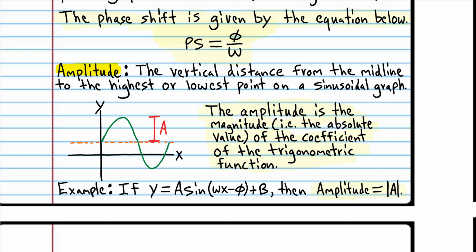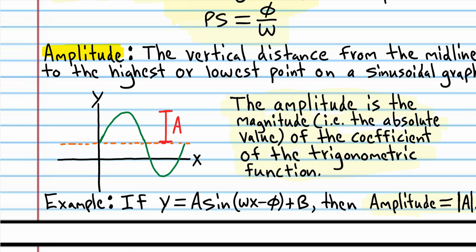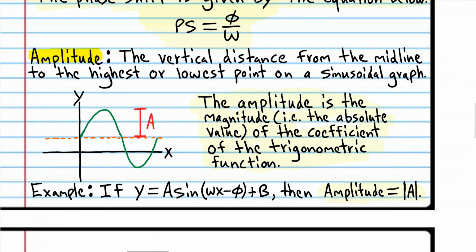One more thing that we have to learn is the amplitude. The amplitude is only defined for sinusoidal functions, the cosine and the sine function. The amplitude is the vertical distance from the midline to the highest or lowest point on a sinusoidal graph.